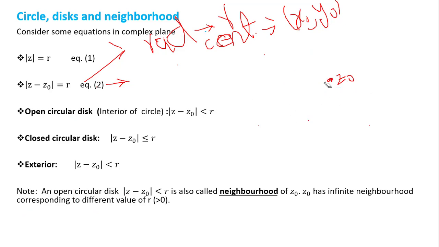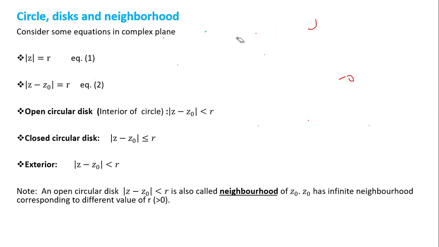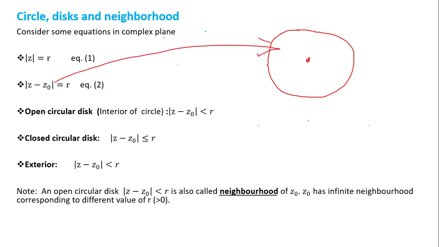Next, some more important concepts. Open circular disk. If we understood this, then this is very easy to understand. Now we understood that mod of z minus z naught equal to r is a circle of radius r with center z naught. Now let me try this. I'm drawing this first.